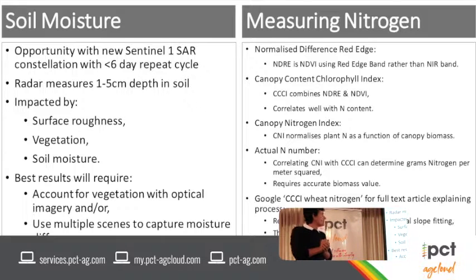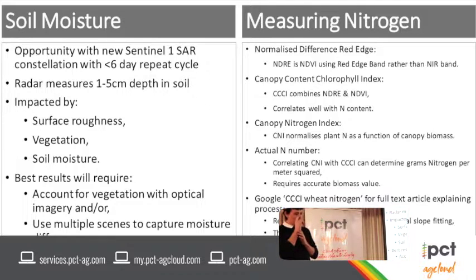And just a few insights on that, and as to why it's not a product that SataMap or AgCloud offered right away as soon as Sentinel-1 was launched. The radar measurement is generally at a 1 to 5 centimetre soil depth to start with.